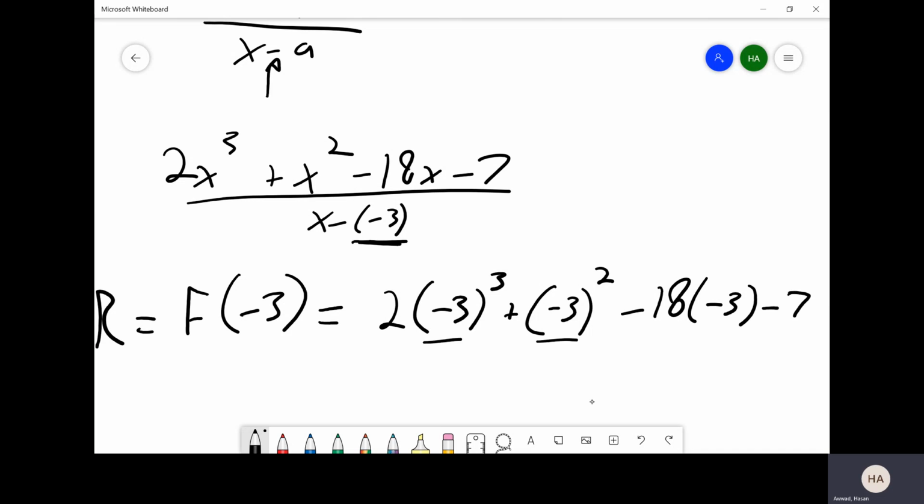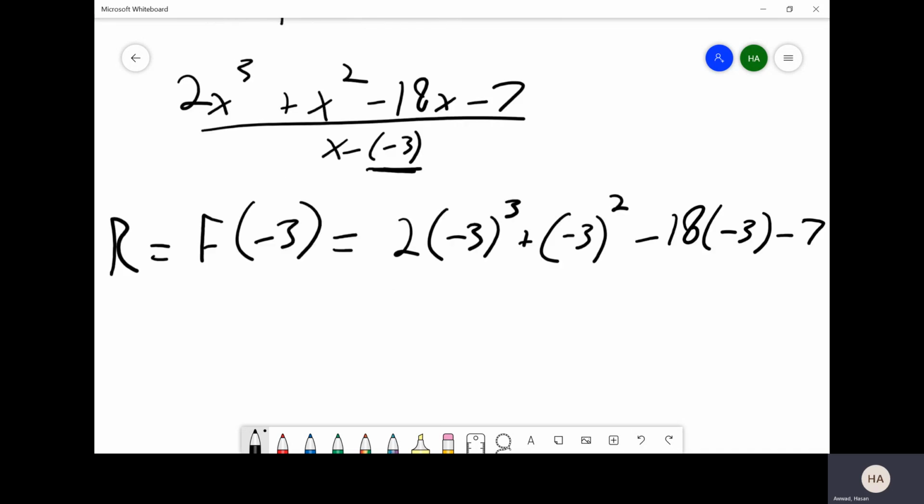Wherever there was an x in the numerator, now I'm plugging -3 in. Let's do some simplifications here. -3 cubed gives us -27, so we have 2 times -27. Over here, we have a +9, because the negatives drop out: -3 times -3 is a +9. Over here, we have -18 times -3, which should give us a positive number.